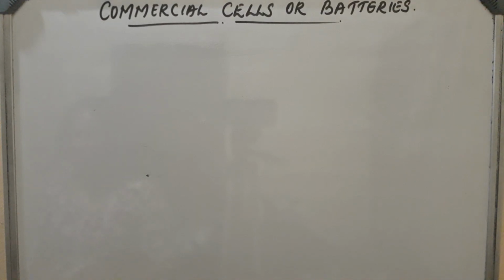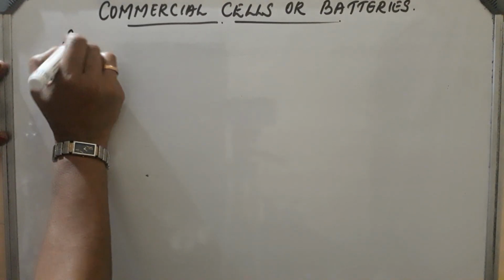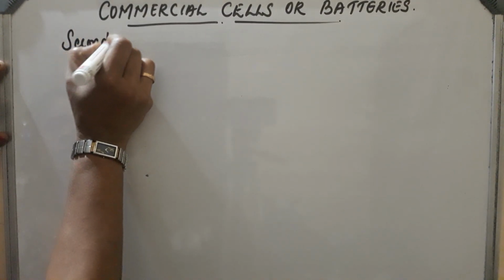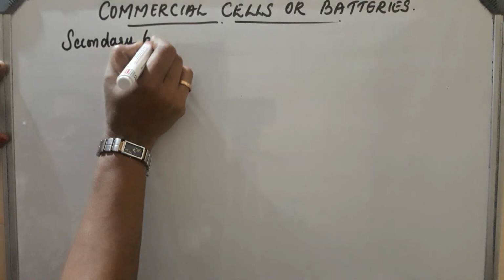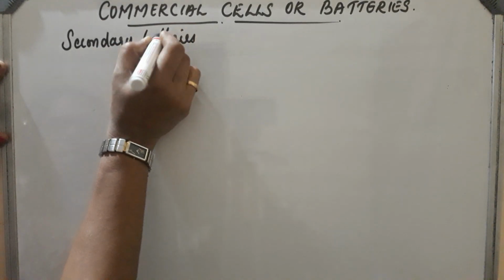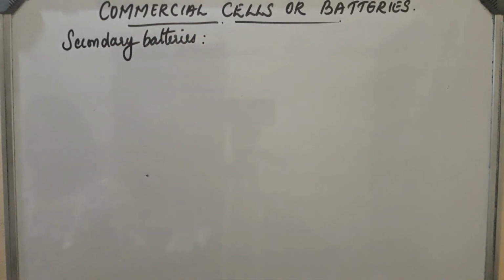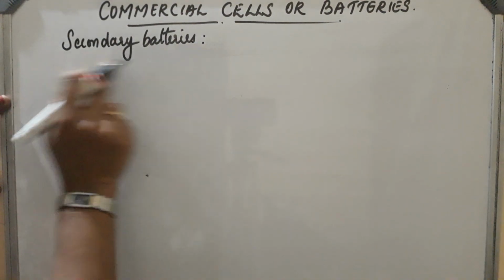So next we are discussing secondary batteries. The main advantage is they can be reused. After use, they can be recharged by passing current through them in the opposite direction. So it can be reused. It's an important advantage.